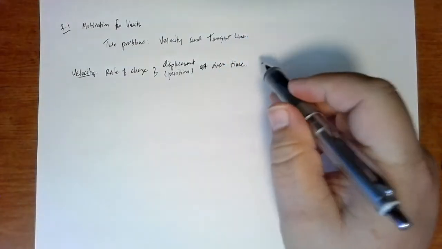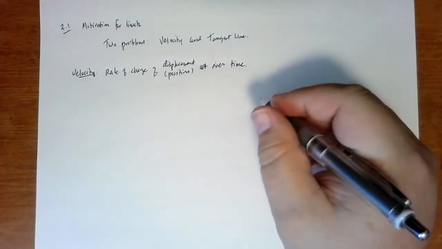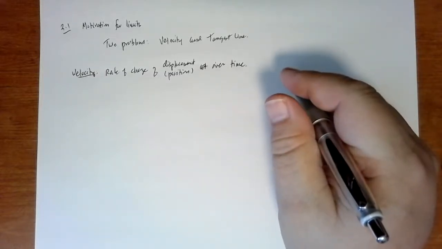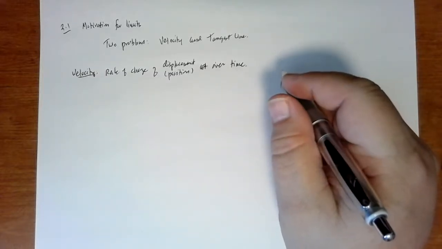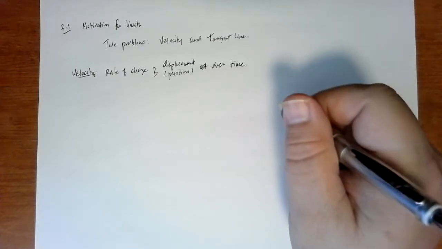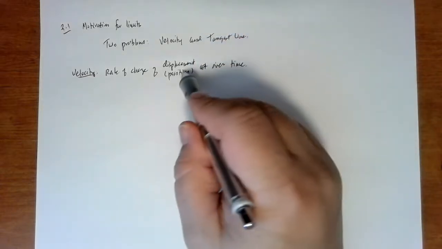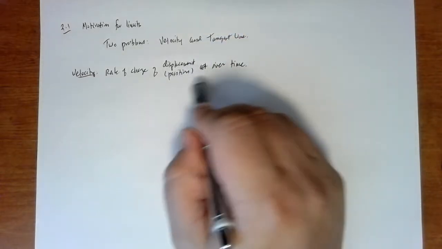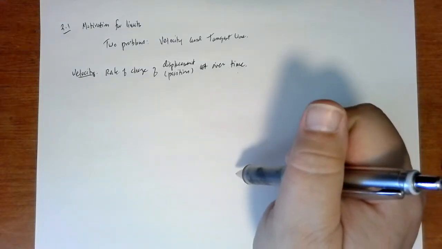What do I mean by that? Well, we're used to thinking about velocity of vehicles. For example, we measure the velocity of a car in kilometers per hour or miles per hour. So that's the displacement, the number of miles per unit time, and that would be our velocity.